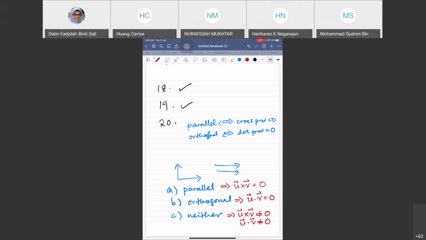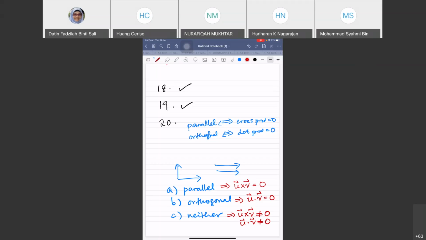Again, if you have this type of question, you can try one first. You can do the cross product first if you want, or the dot product first, up to you. Maybe the easiest is the dot product because it's simple. You can just multiply and then sum.